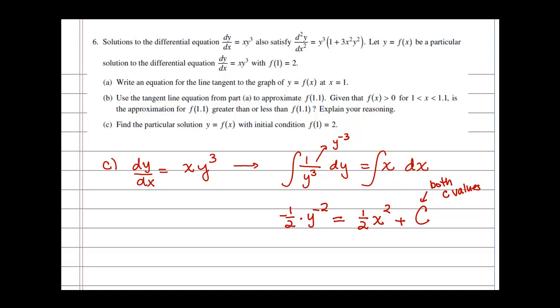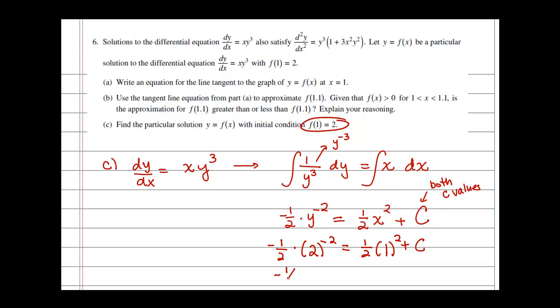The thing we got right there was the general solution. If we want the unique solution, we plug in our data point. So I plug in 2 for y and 1 for x, and I'm going to solve for my value of c.